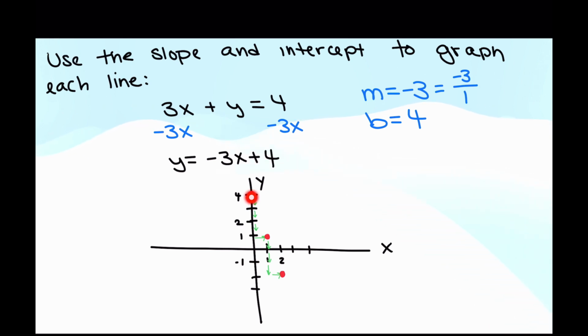So from that y-intercept, I'm going to go down 1, 2, 3, and over 1. And there's a point on that graph. I can do that again, down 1, 2, 3, over 1. And there's another point on that graph. If we connect the dots, there's a nice graph of our line, y equals -3x plus 4.